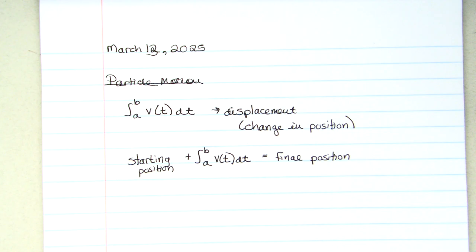Which should make some sense. Tell me where you're starting. Add your change in position to that. It's going to give you the place you're ending. Going back to that example I just showed you, I was on space 3. My net change in position was 1. I ended up at space 4.